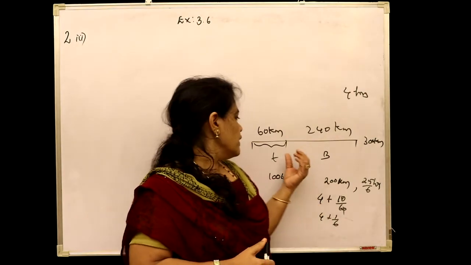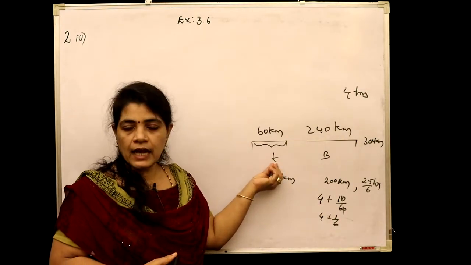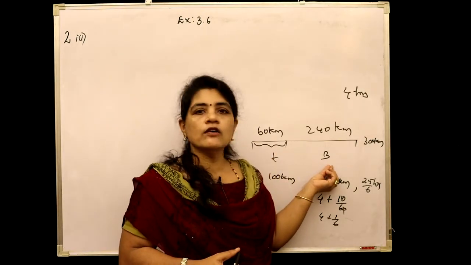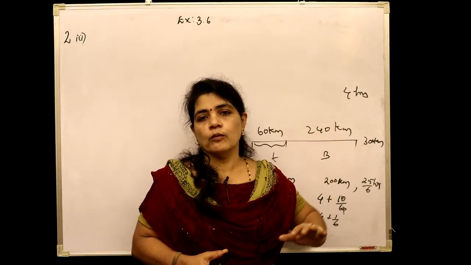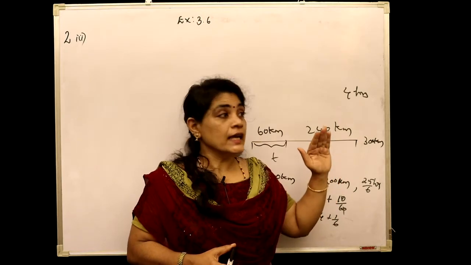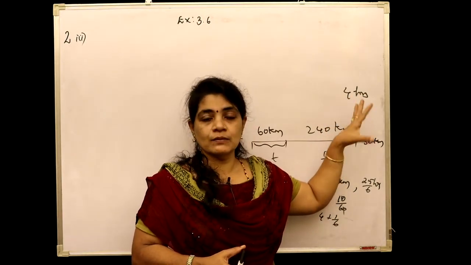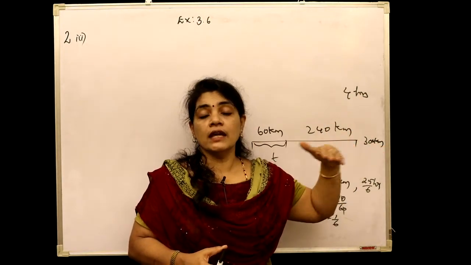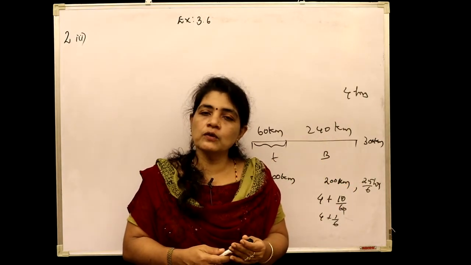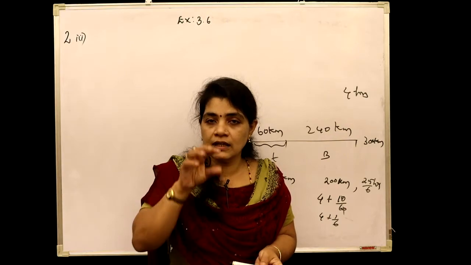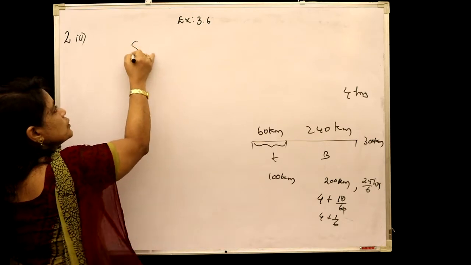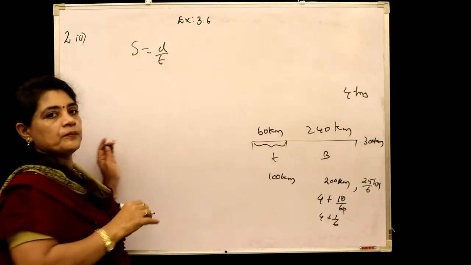So we have taken the speed of the train as x because the train is what we marked first, and the speed of the bus is y kilometers per hour. And this problem is with respect to time, because the time taken for the journey is given. So we can use the very important formula connecting speed, distance and time, that is speed is equal to distance by time.